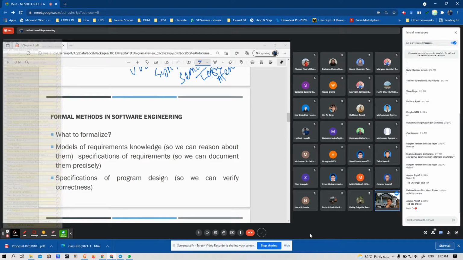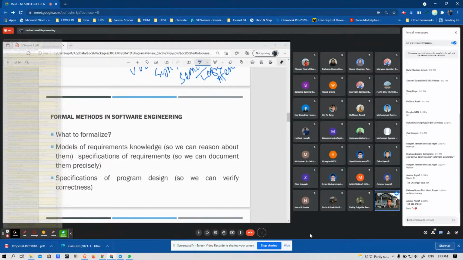What to formalize? This is a very common question, because if you need to know formal methods, you need to know what to formalize. Basically, this is performing appropriate mathematical analysis, so that we can know that the formalization is a contribution to the reliability and also robustness of the design.